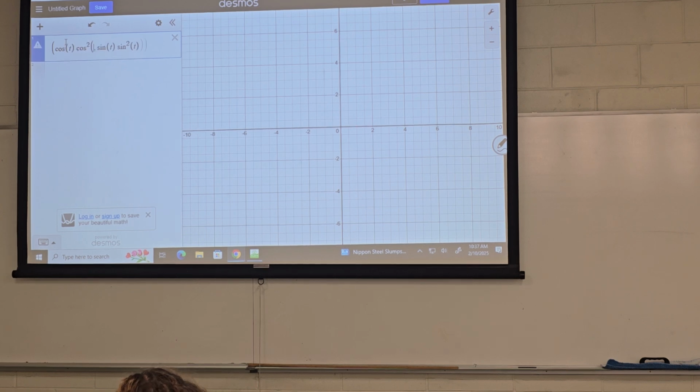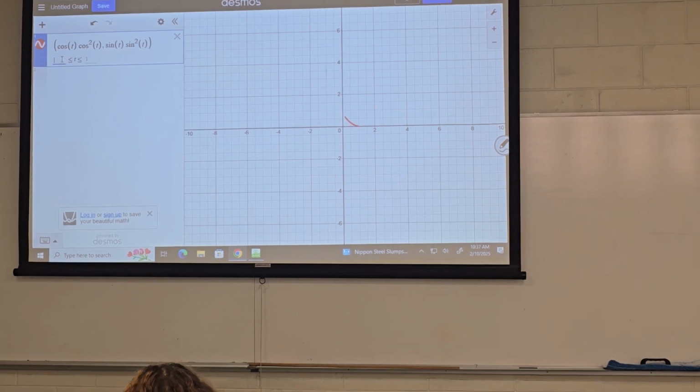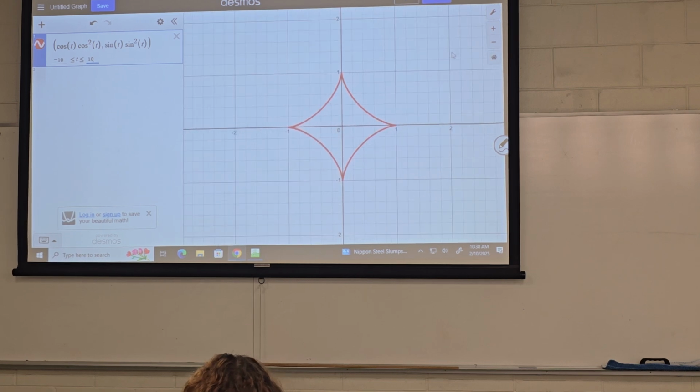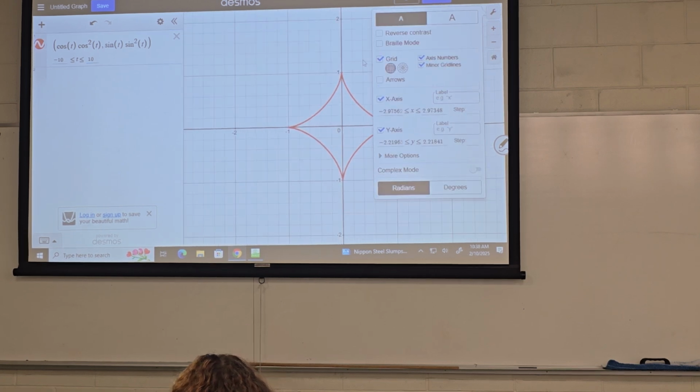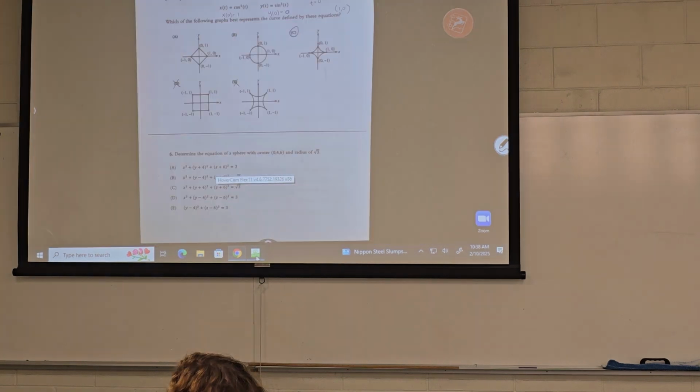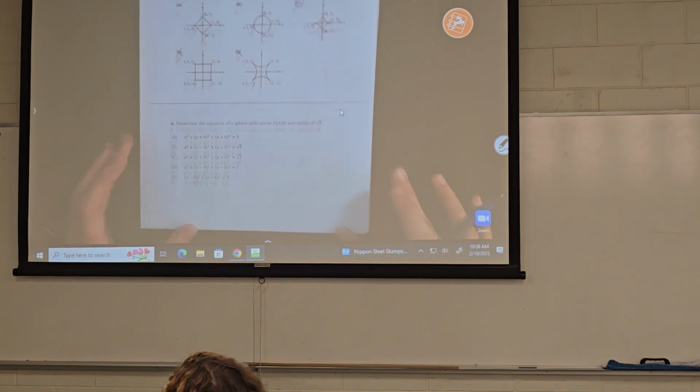So we're going to type in cosine squared times cosine, sine squared times sine. It doesn't believe in the third. So that's what it is.